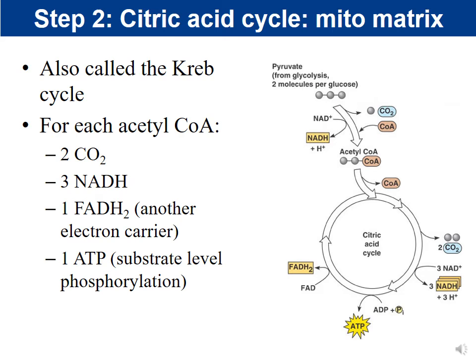Now, step 2 is going to be the citric acid cycle. Now, when we look at the citric acid cycle, this is going to take place in eukaryotic cells in the mitomatrix. So if you recall the structure of the mitochondria, it has the smooth outer membrane.